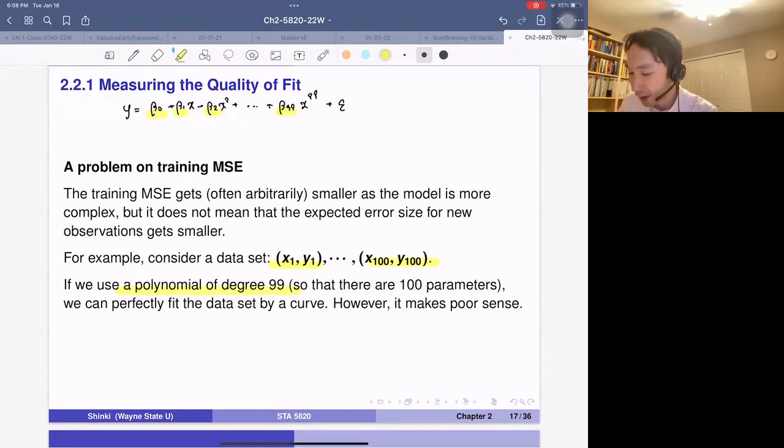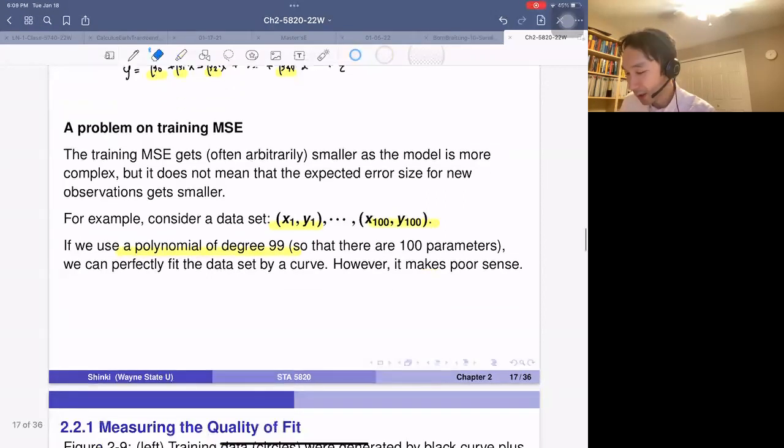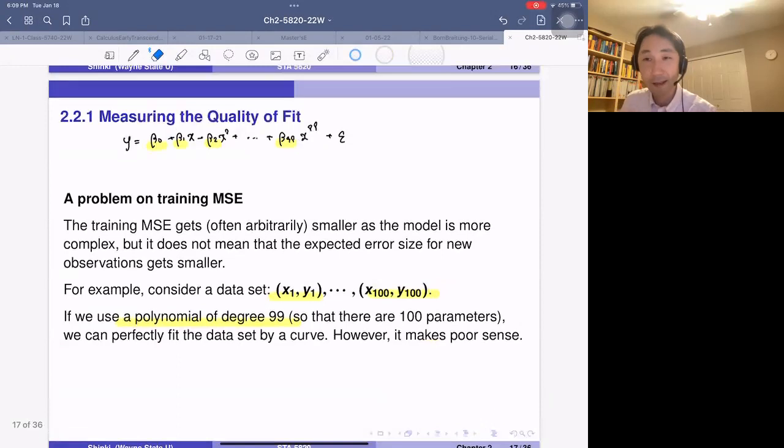But if everything is different, basically this model is always perfect in the sense that the residual is 0. So training error converges to 0 as the model becomes more complex. But that does not mean that this model has 0 error for new observations.